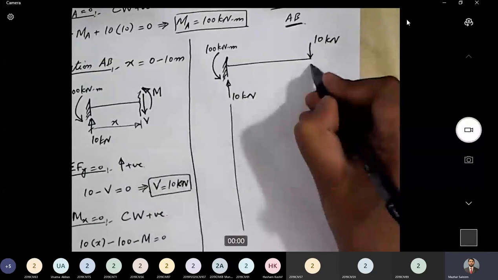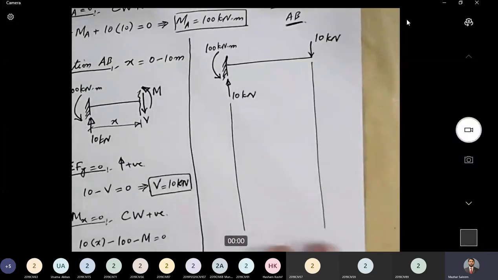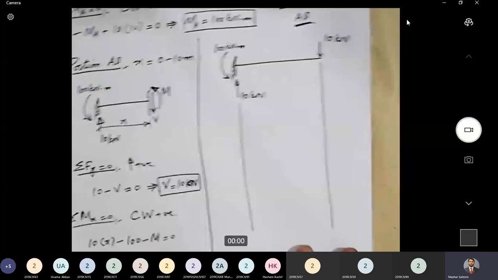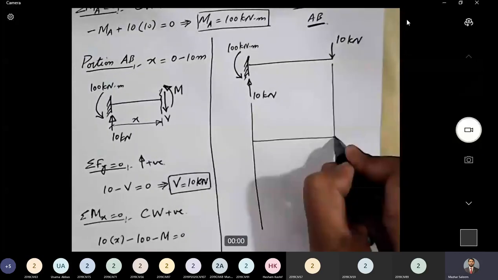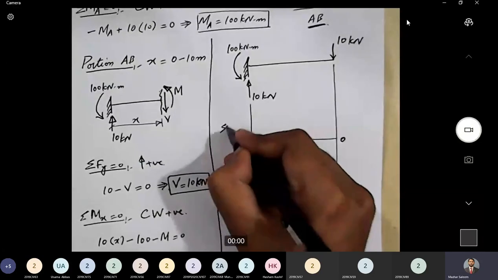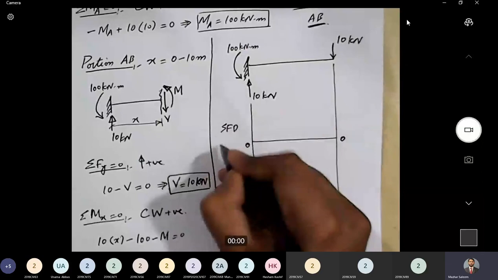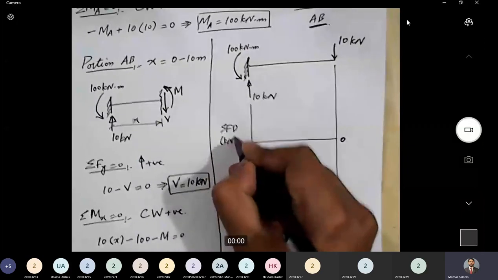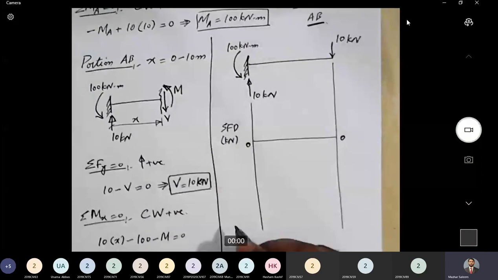This is going to be our 0 line for SFD in kilonewton. How much is the value of shear? If you look at the equation of shear, we had got V equal to 10 kilonewton.